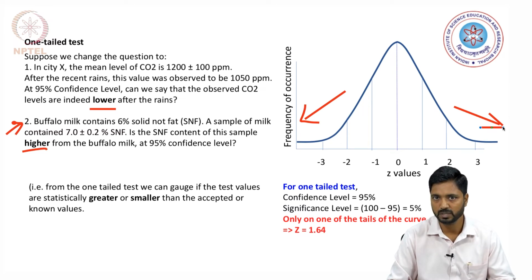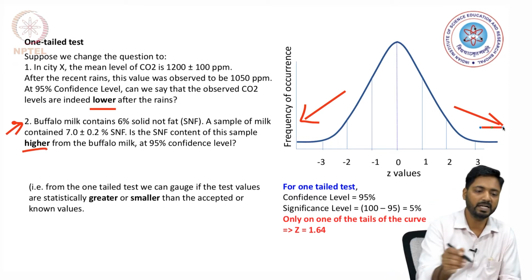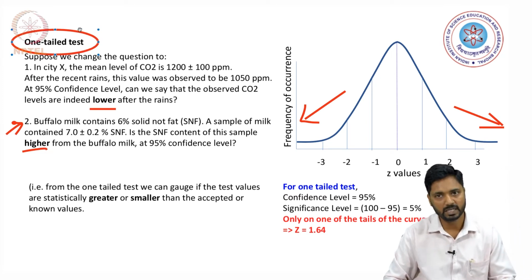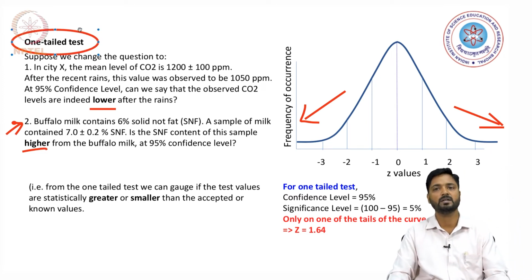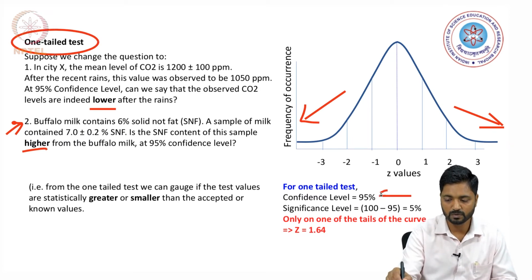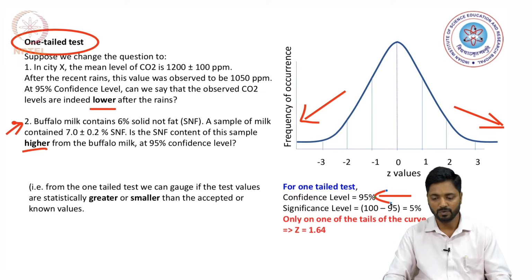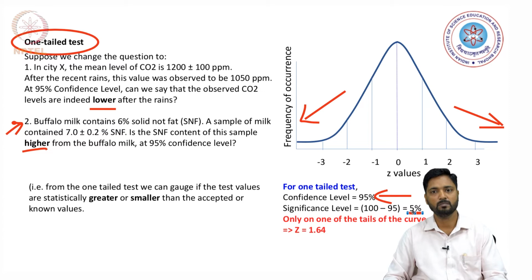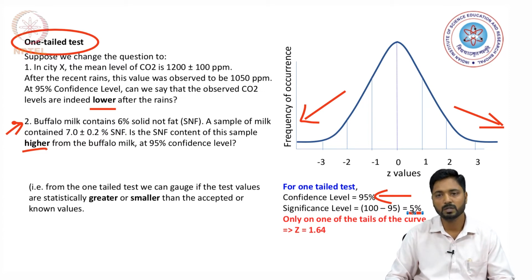So, all the significance region will be lying at one of the tails, and that is why this test is known as the one-tailed test. And when we talk about a one-tailed test at 95% confidence level, we imply again the significance level of 5% lying on only one side of the tail.